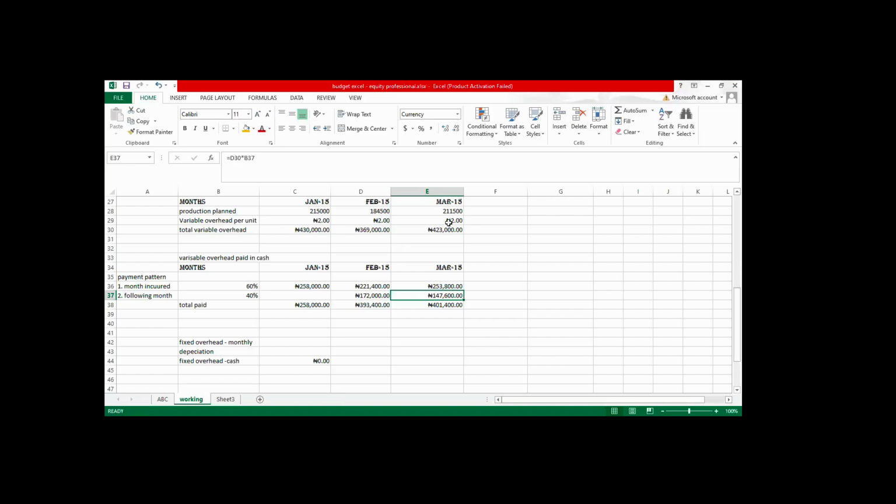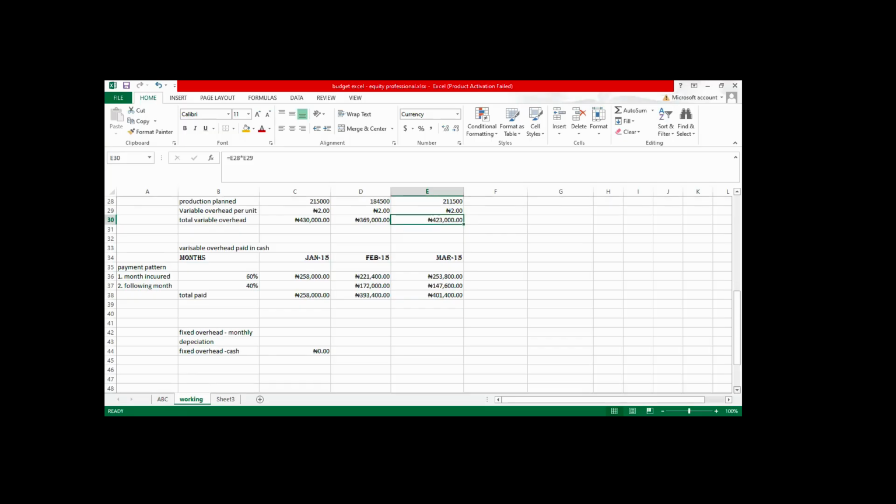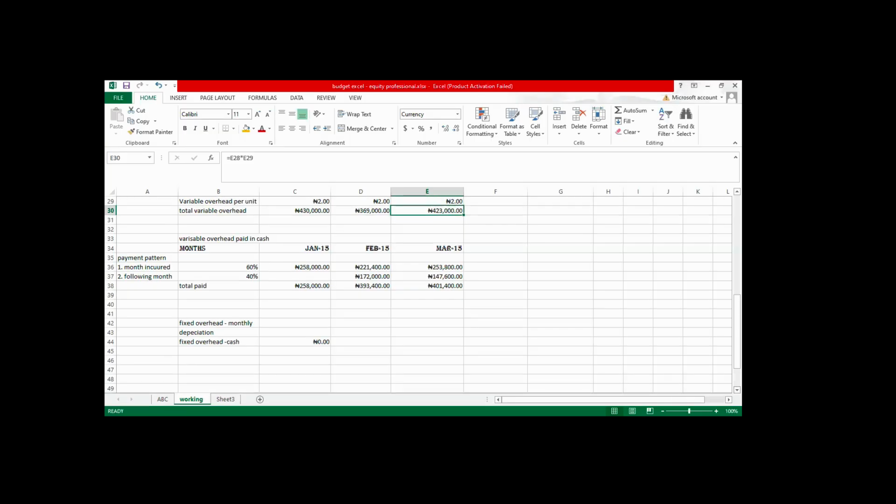Then the month of March, we incurred 423,000. We are going to pay 60% in March. Compute. 60% of 423,000.